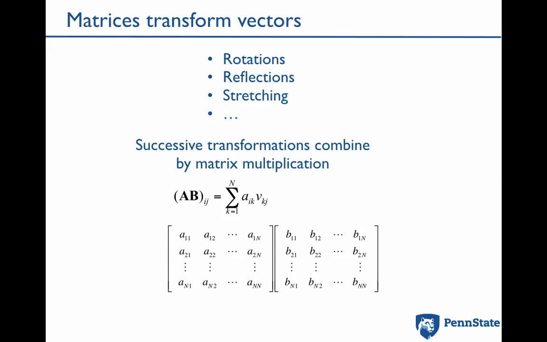Any kind of transformation like that that is linear, meaning if you doubled the vector, the answer would be doubled, or if you add two vectors and transform them, then the sum of the transformed thing is the sum of the things transformed. All those operations can be represented by matrices.